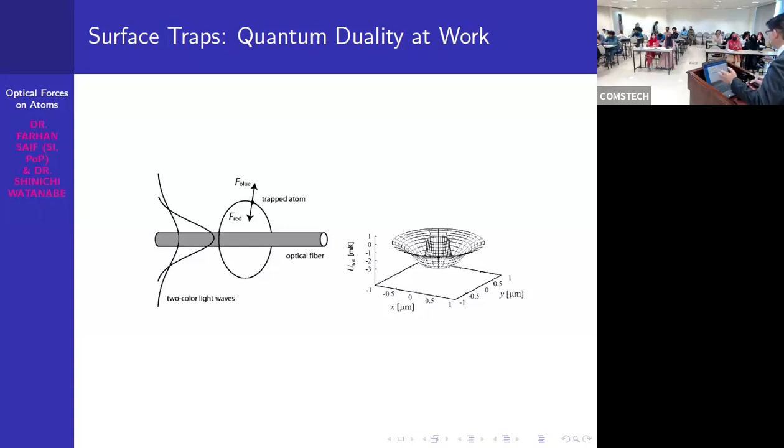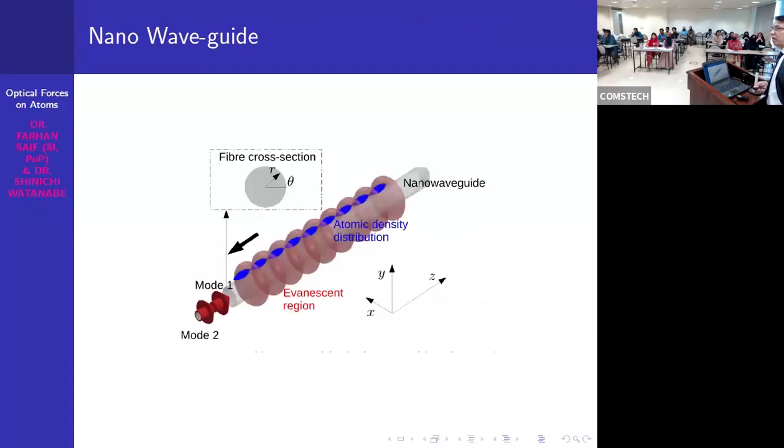But here we have a newer kind of trap, which is a surface trap, and that can be obtained by simply using an optical fiber and two fields which have different decay constants, one positive, the other negative. So now this way we have this going on.